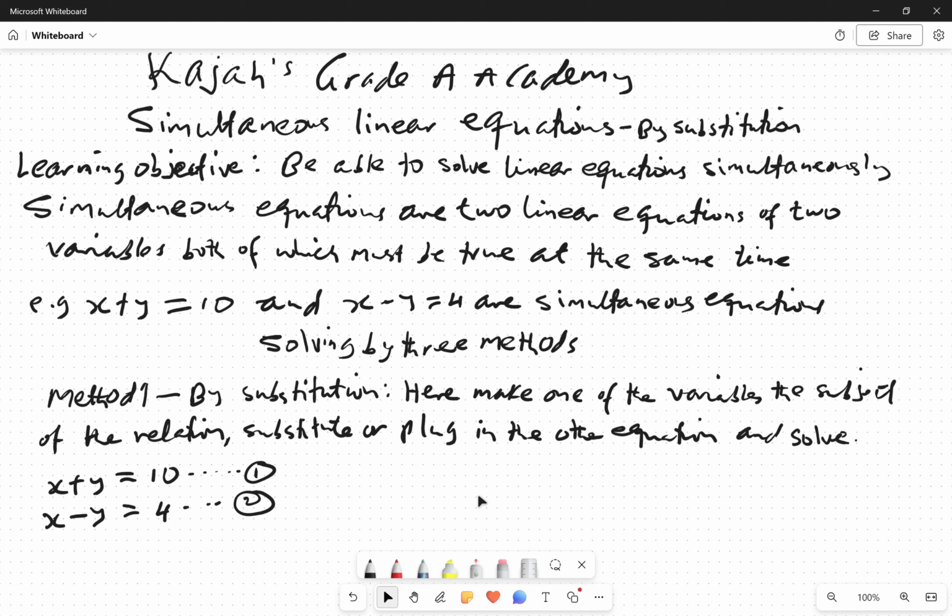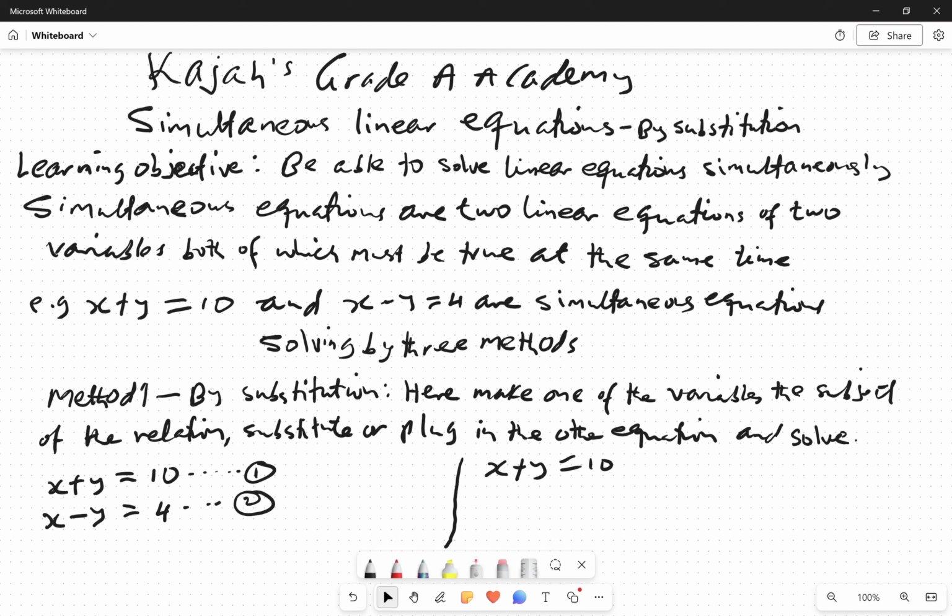So here we have equation 1, x plus y equals 10, and equation 2, x minus y equals 4. Let's say we want to make y the subject in equation 1. We can also make x, whichever one you want. So from x plus y equals 10, I want to find y.